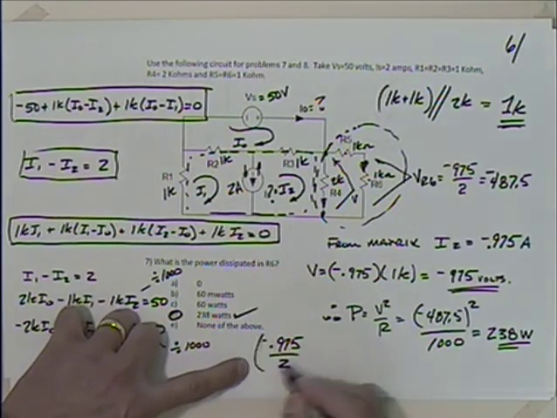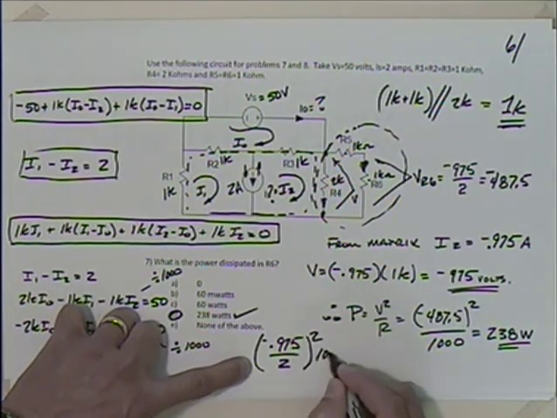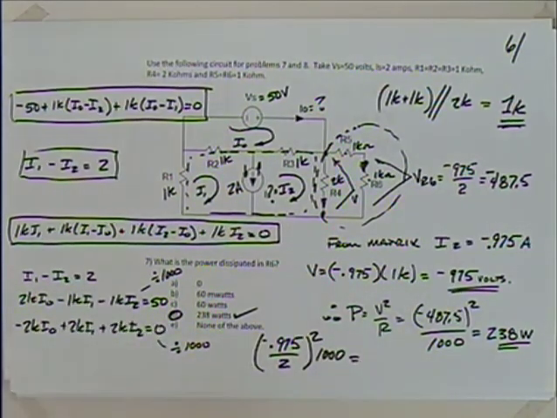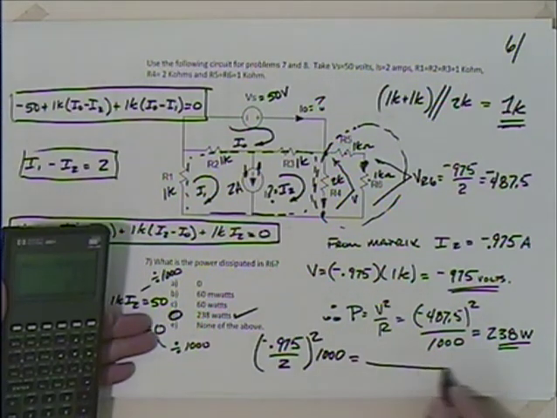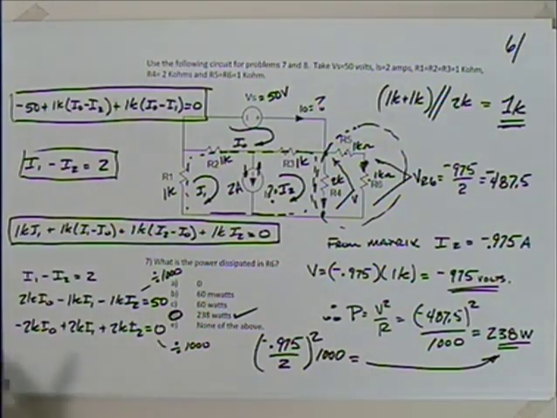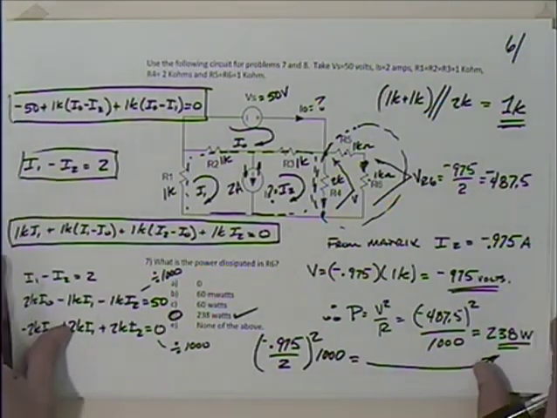So then you can square that and multiply it by 1,000. What do you come up with there? You come up with the same thing. So, good.